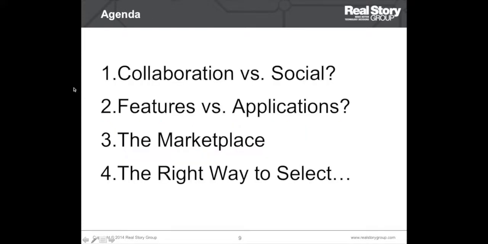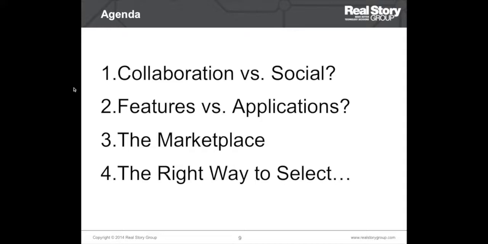Okay, so let's get into it. Here's the agenda, pretty quick. I'm going to make a little bit of a distinction between collaboration and social computing, although they go naturally together, but they're seen a little bit differently in the marketplace. Then also make perhaps the most important distinction, which is when you're selecting, focusing on features versus applications.